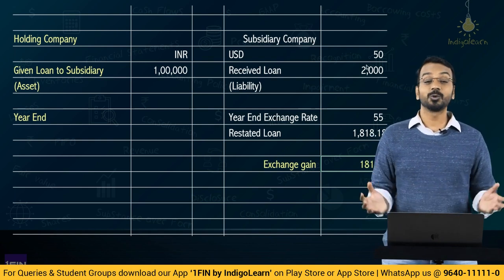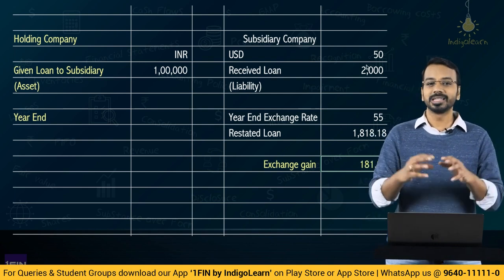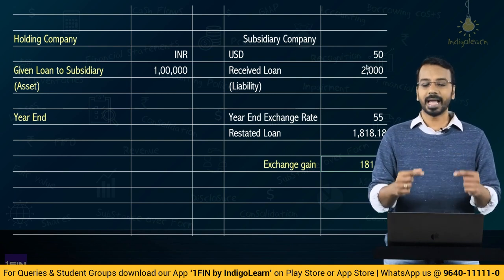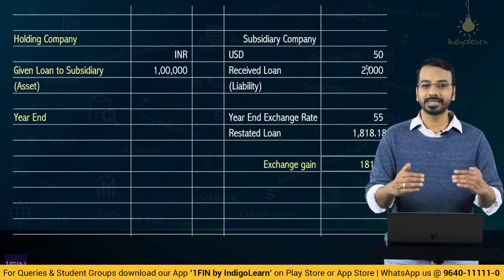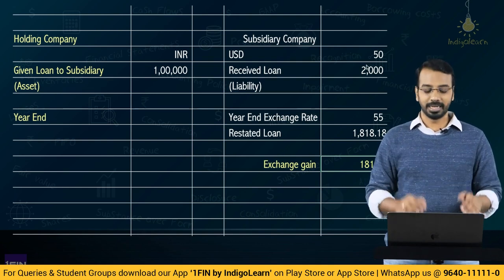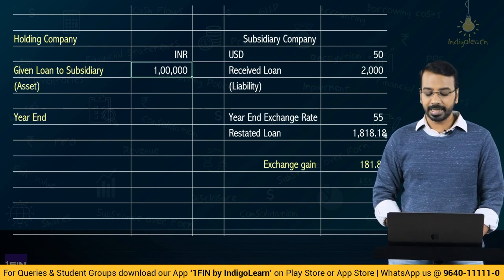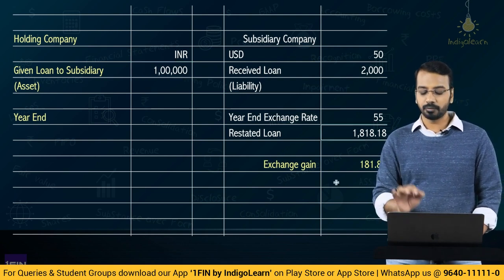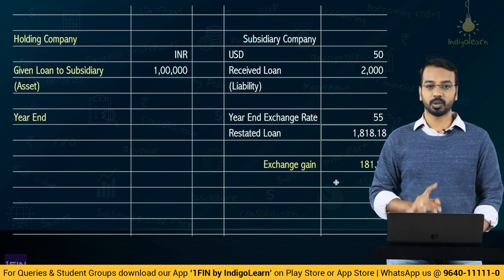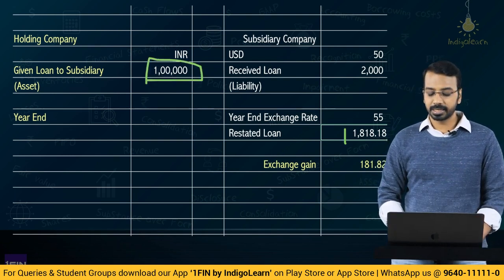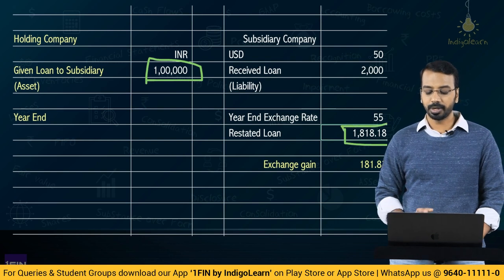Now, when we have to consolidate, what should we do? Whenever we are consolidating, one thing we know is that the intra-group balances have to be offset. Basically, this 1 lakh of loan will be offset against the restated loan balance of 1818.18.